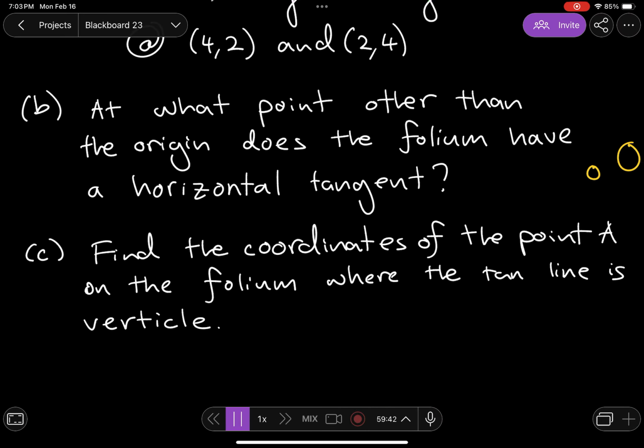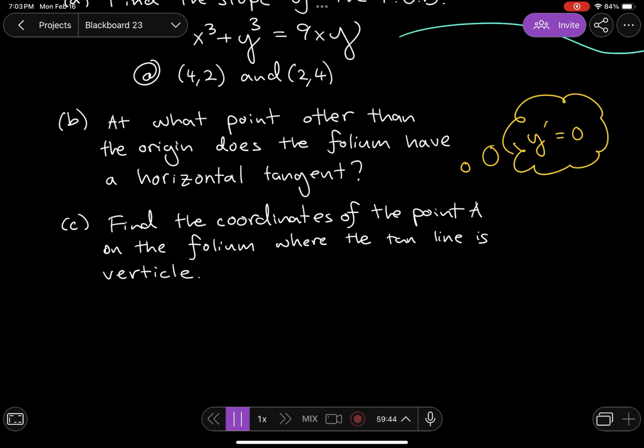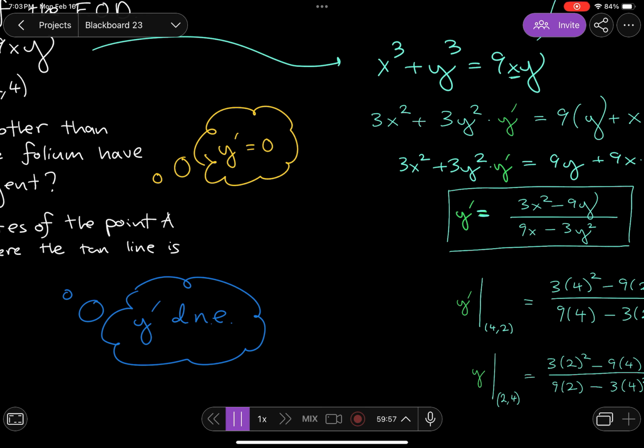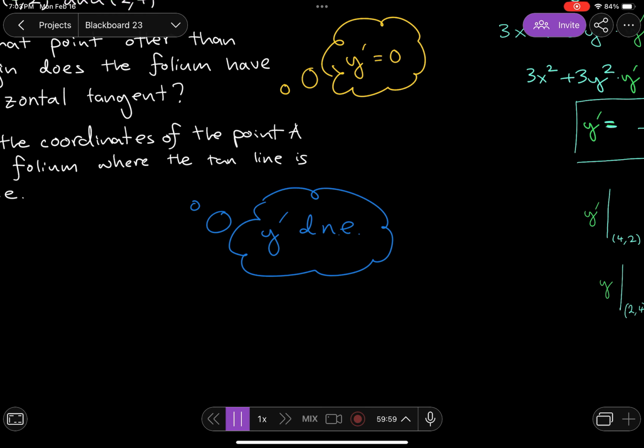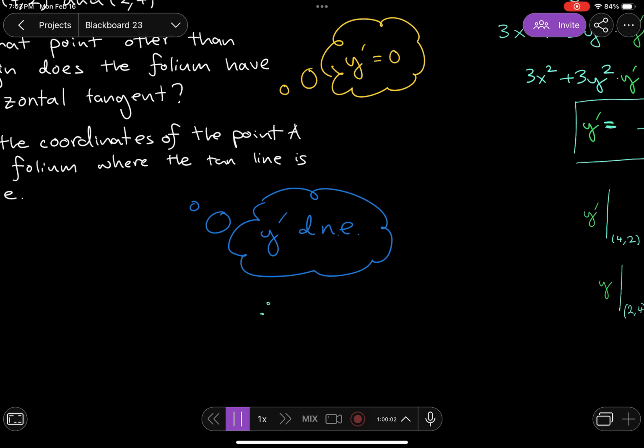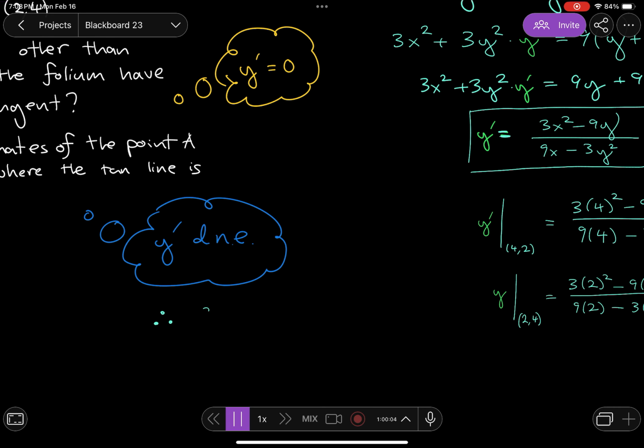Okay, last question. Find the coordinates of the point A on the folium where the tangent line is vertical. Okay, so in my brain, that says that y prime does not exist. In other words, the denominator of our y prime is equal to 0. So we have 9x minus 3y squared is equal to 0, which tells us that 3x is equal to y squared.